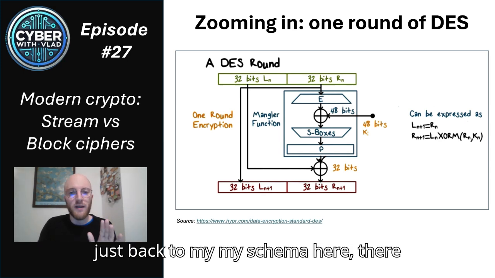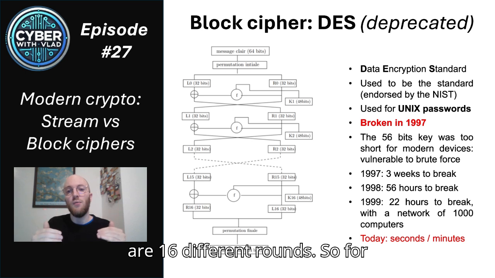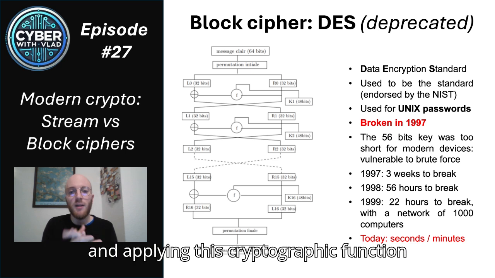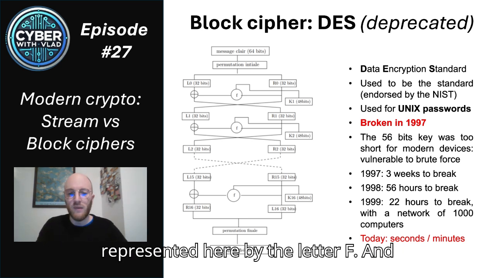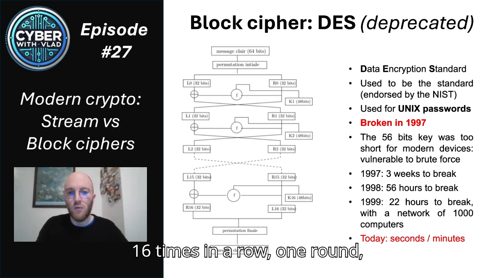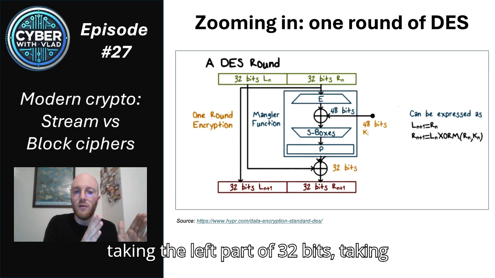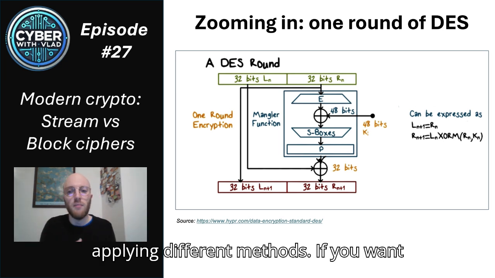Back to my schema here, there are 16 different rounds. So 16 times, we are swapping left and right and applying this cryptographic function represented here by the letter F. Within one of those loops, one round of DES consists of taking the left part of 32 bits, taking the right part of 32 bits as well, and applying different methods.